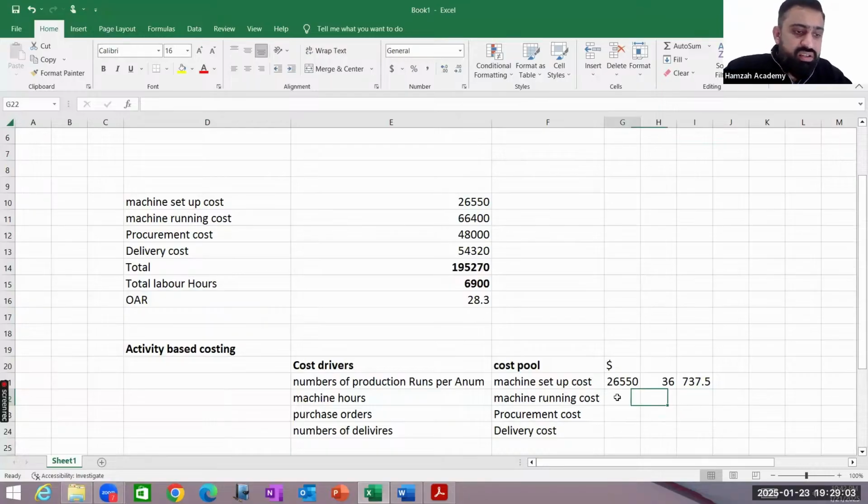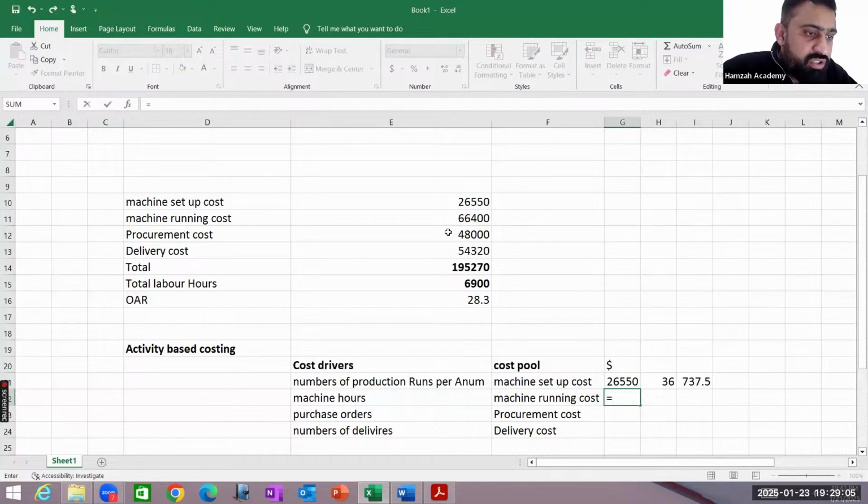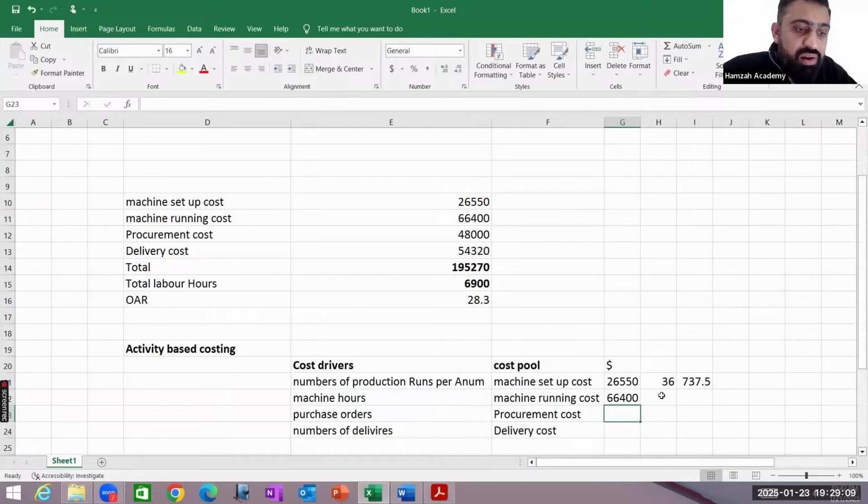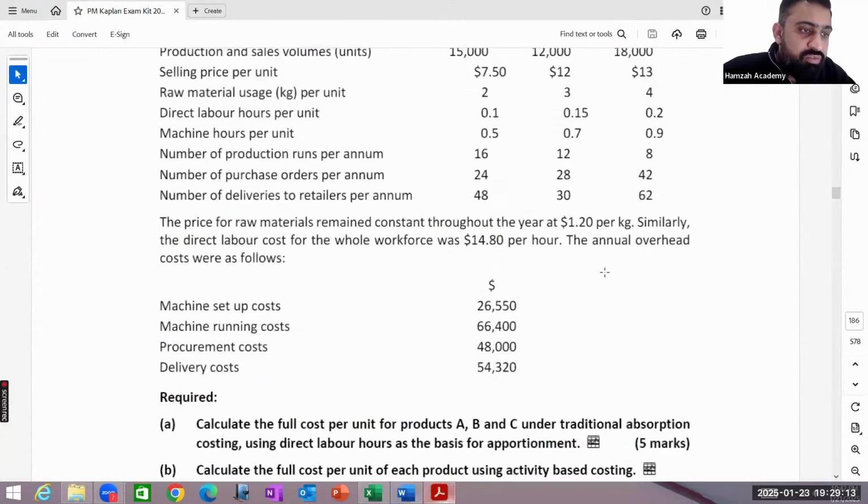For machine running cost, the total cost is 66,400. And the appropriate cost driver for that is machine hours.